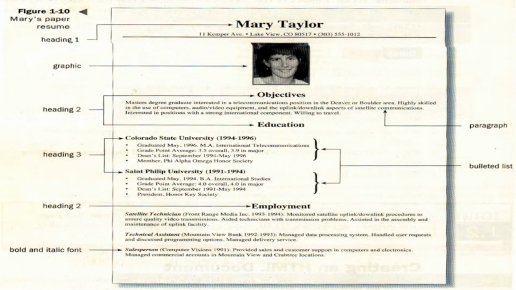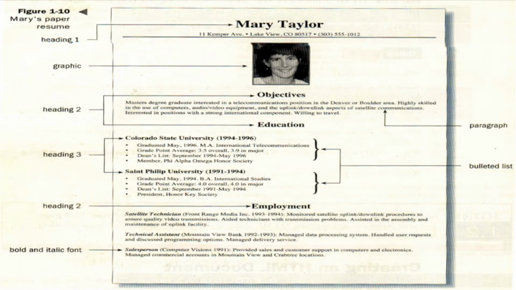In this case, Mary gave us her paper resume, and based on this paper resume, we are going to label what are the things that we'll be using for our HTML. Okay? How will the HTML display these things? So we have, for example, the name of Mary Taylor at the top. We'll assign that as a heading 1. Then we will also be including pictures of Mary Taylor.